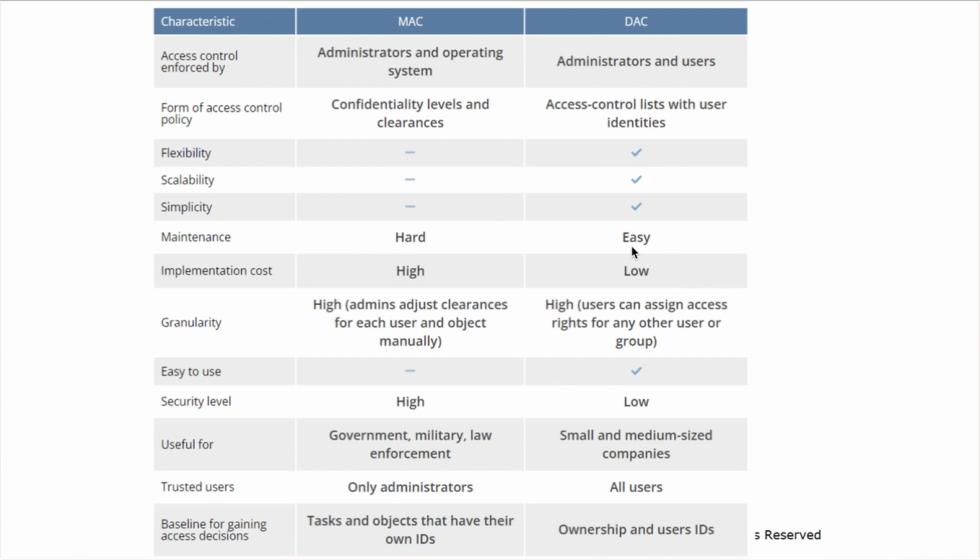Maintenance is hard because of all these limitations that we discussed in MAC, whereas DAC is much easier to maintain. Implementation cost is high because of the resources needed. The admin team needs all the skills: they need to understand the functionality of the organization, their dealings, and how data classification is done, in addition to the normal security level skills they possess.